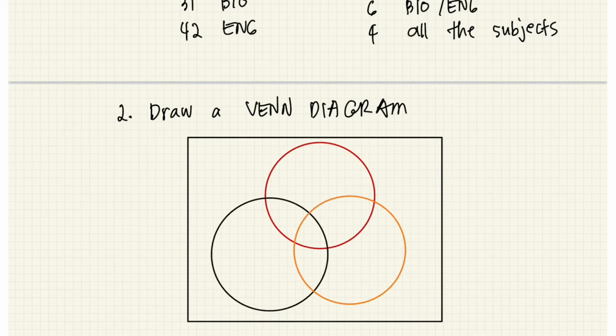Now we are going to start with this is PE. We have here English. We have here biology. Alright, so we have three sets. We have PE, English, and biology.